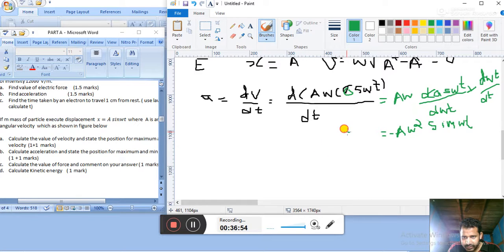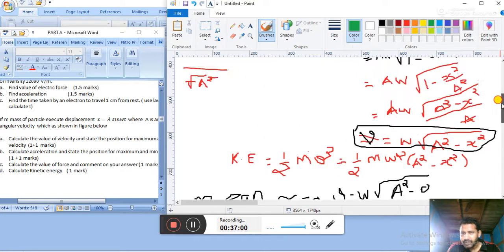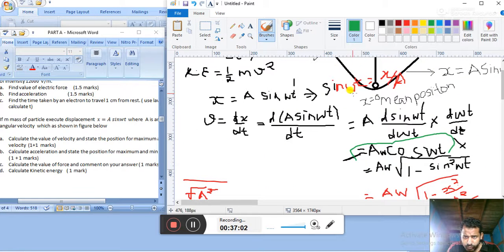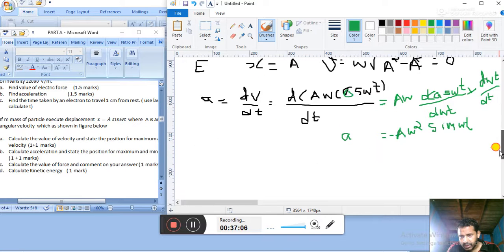Now the expression is this one. If we want to convert t back, we showed that sin omega t equals x by a. Plugging in that value, we get minus a omega square times x by a.